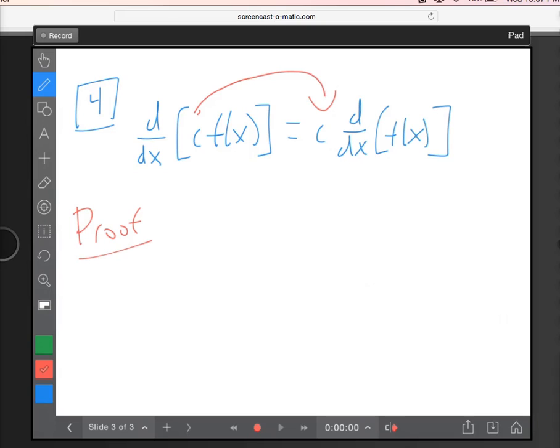So I'm going to use the definition of derivative to accomplish this. For the definition of derivative, I'm going to have to find 2 points given this particular function. One point will just be x comma c times f of x. And the second point will be x plus h comma c times f of x plus h.